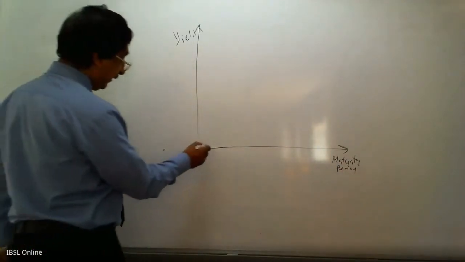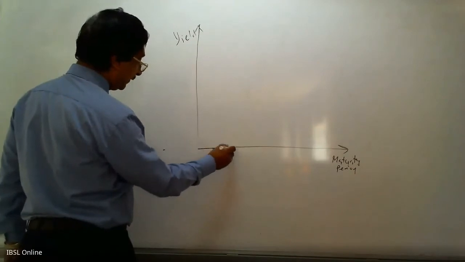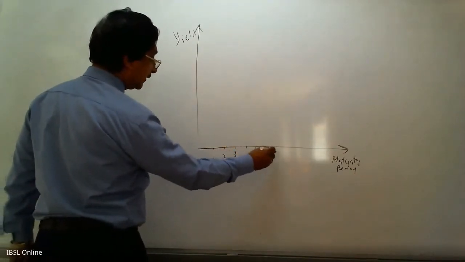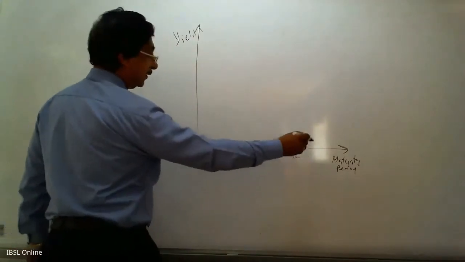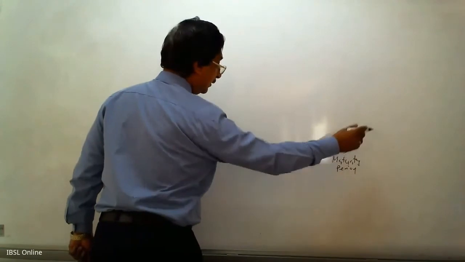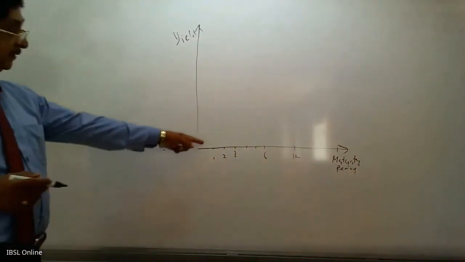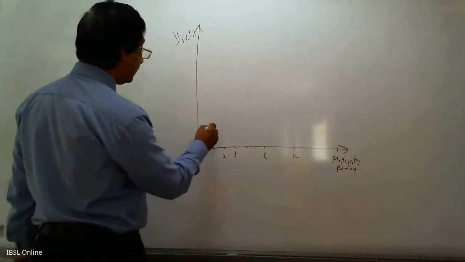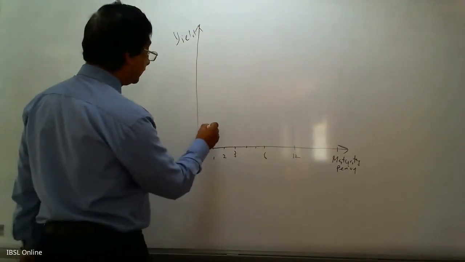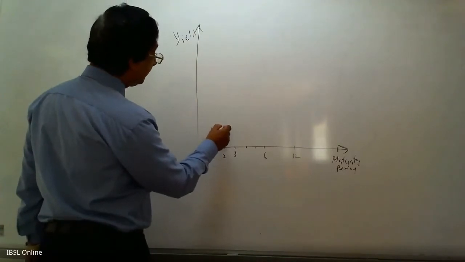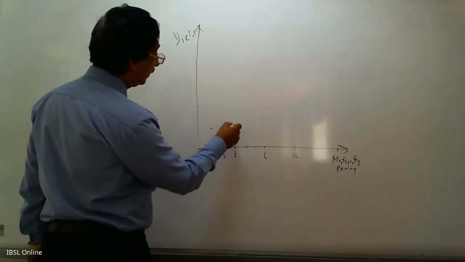Now you can say 1 month, 2 months, 3 months, 6 months, 12 months, then 2 years. Likewise, you can have different maturities. And for these different maturities, you might have different yields. Basically, when the maturity goes up, yield also goes up.